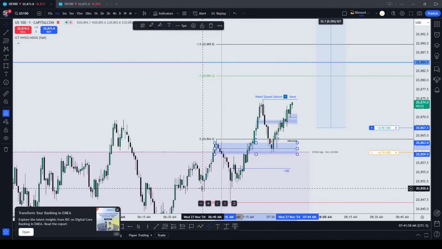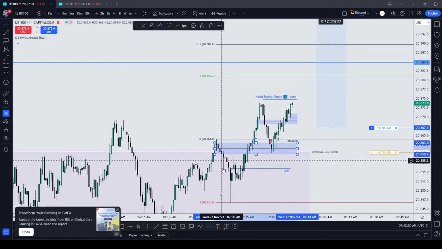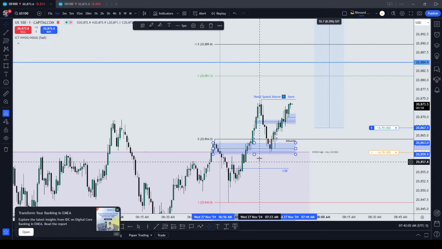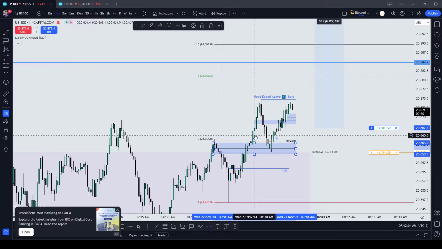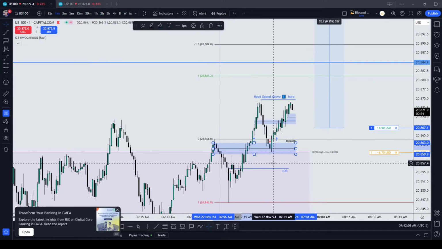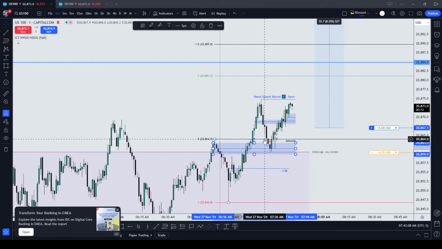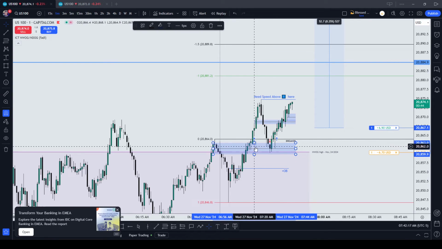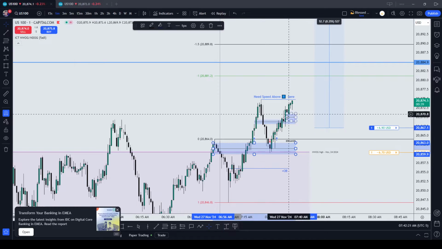What's the breaker? This is a low, a high, then a lower low. I got in right here before, but I got stopped out because I placed my stop too tight. My stop loss was just below consequence encroachment here, and it got stopped out. So I had to re-enter once more for this trade to move in my direction once again.